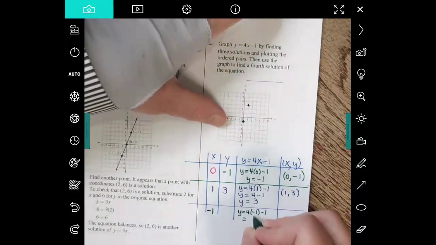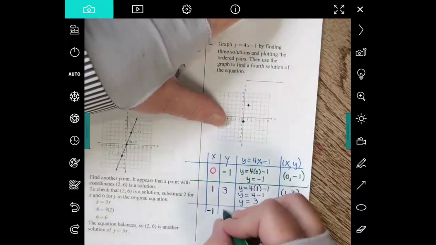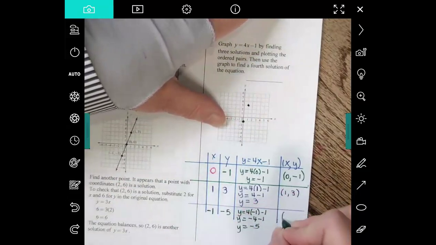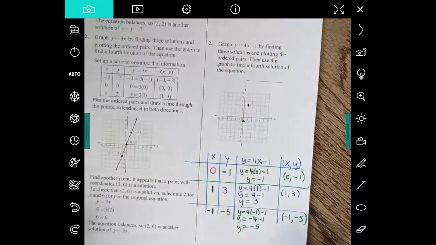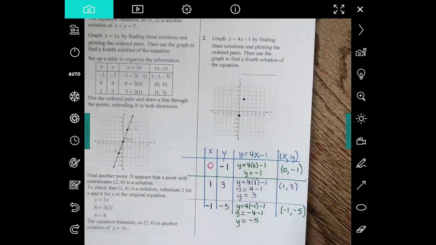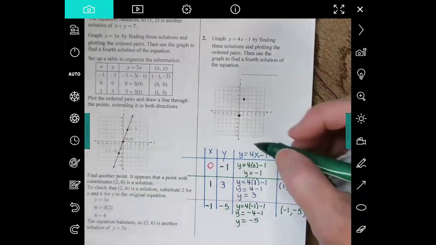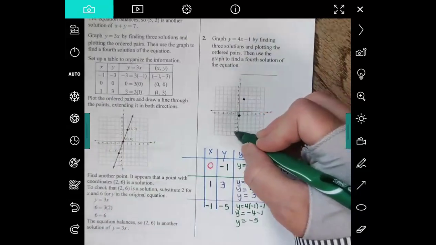So that's going to be -4 minus 1, -5. So when I put a -1 in for x, y is -5. -1, -5. You can pick another positive. It's not wrong, but I just personally like to have a negative in there. So I'll put this on my graph. -1, -5 is right there.